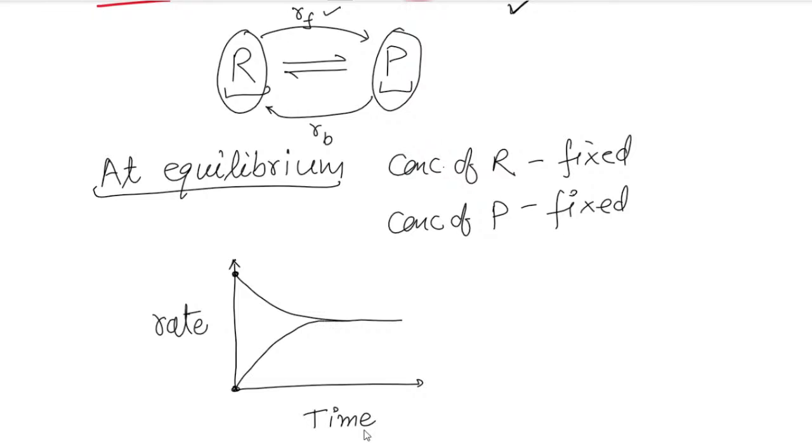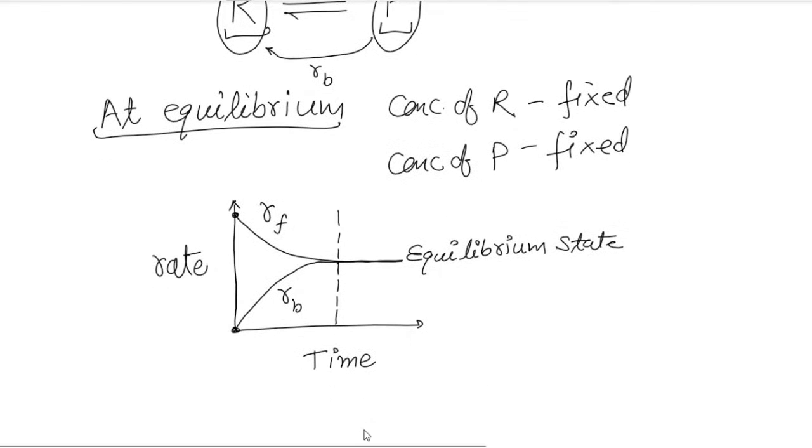So with the time, rate of forward reaction goes on decreasing and rate of backward reaction goes on increasing, and a stage is reached where they are in the equilibrium state. This is equilibrium state, this is rate of forward reaction and this is rate of backward reaction. So at equilibrium, rate of forward reaction becomes equal to rate of backward reaction. Means speed is same.